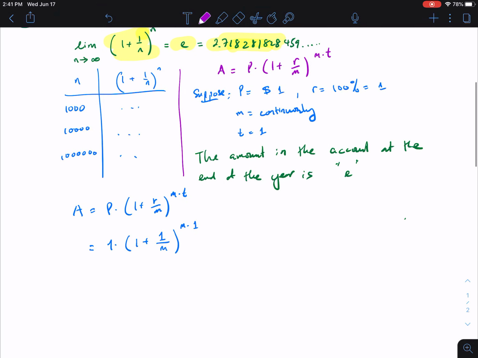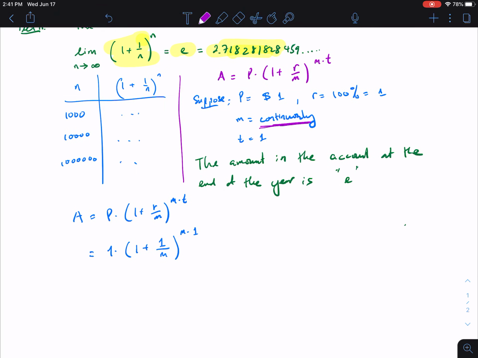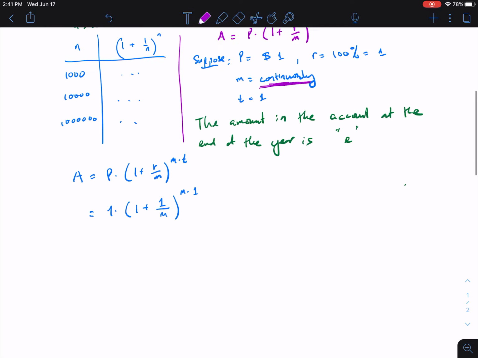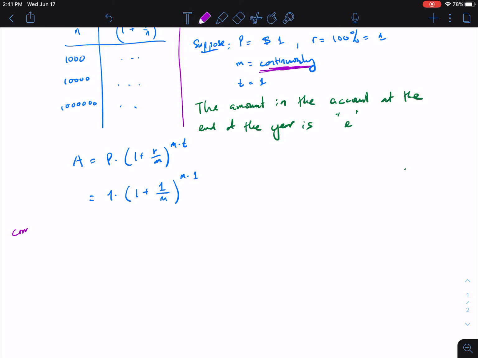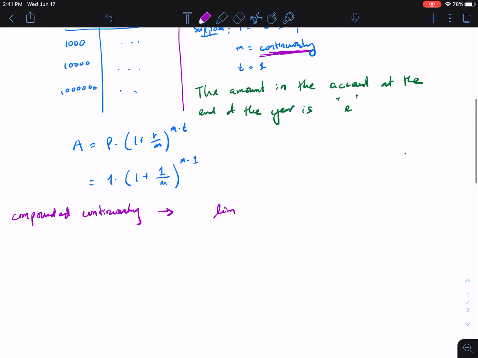And what does it mean to let m be compounded continuously? It just means that we take the limit of this quantity, P times (1 + r/m) to the mt. We're just taking that limit and letting m go to infinity. By plugging in those numbers, P, r, and t can all be 1.